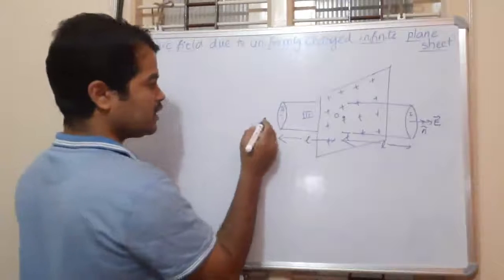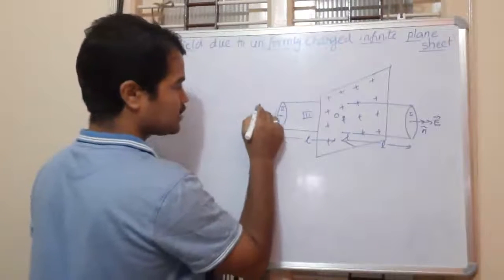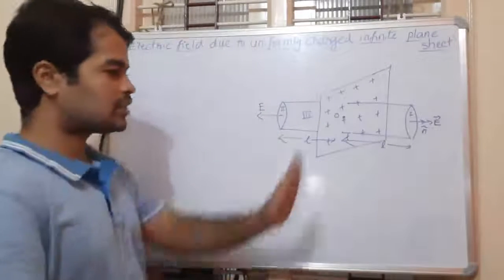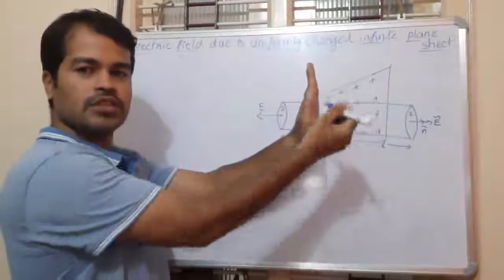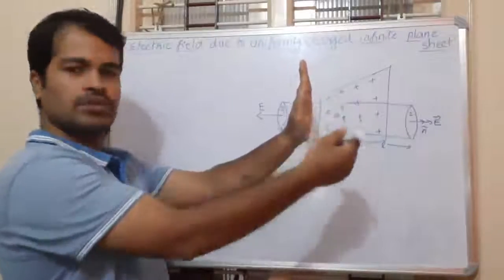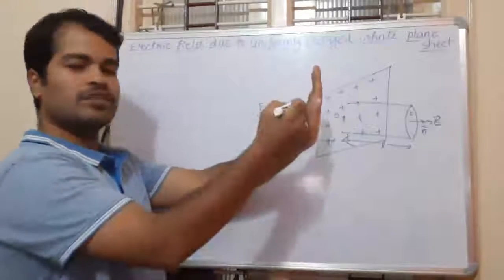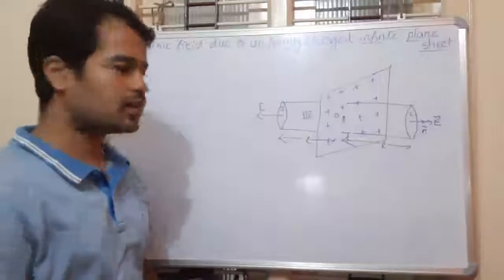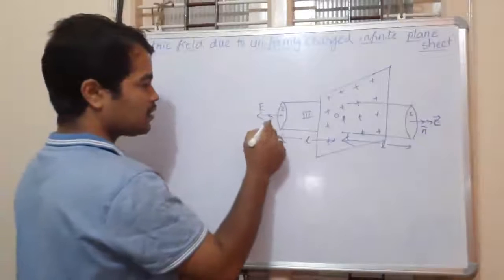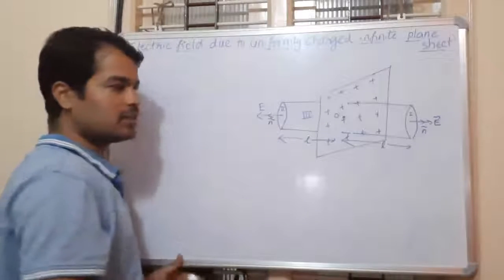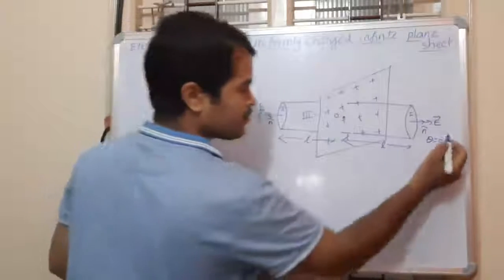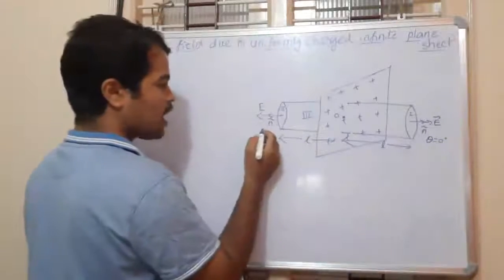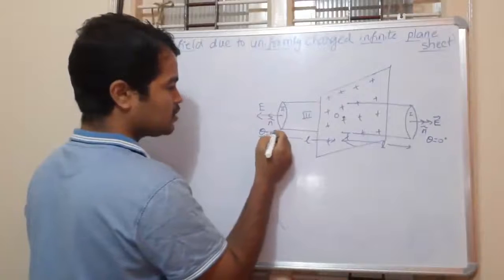If I consider this side, the electric field is in this direction, because on this side there is positive charge, and on this side also positive charge, so the field points away on both sides. So here the electric field and area vector are in the same direction, meaning the angle theta equals 0 degrees. Here also the angle theta equals 0 degrees.